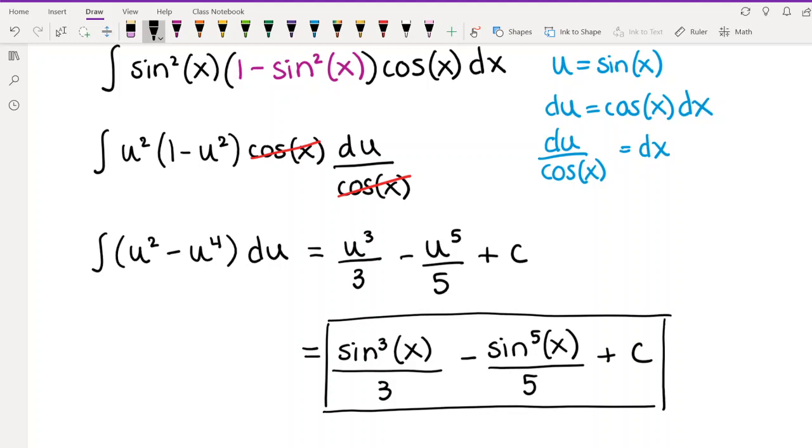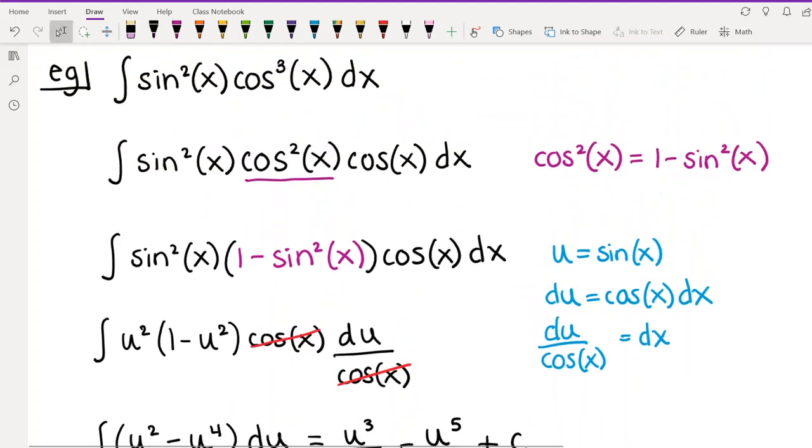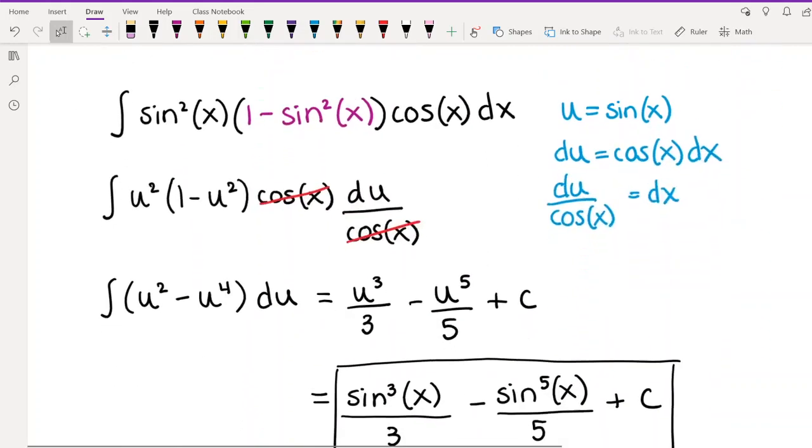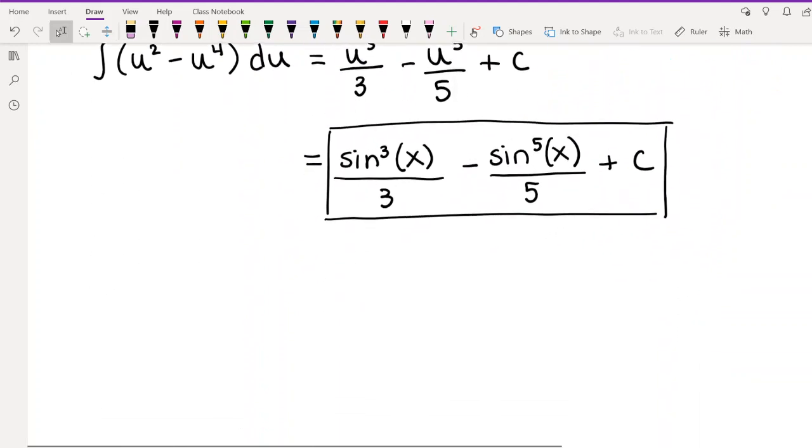So this same approach that we just did is basically going to work on any integral that kind of looks like the one that we started with, as long as the exponent on cosine is odd. So I want to show you another example, but let me just write that down as a sentence.